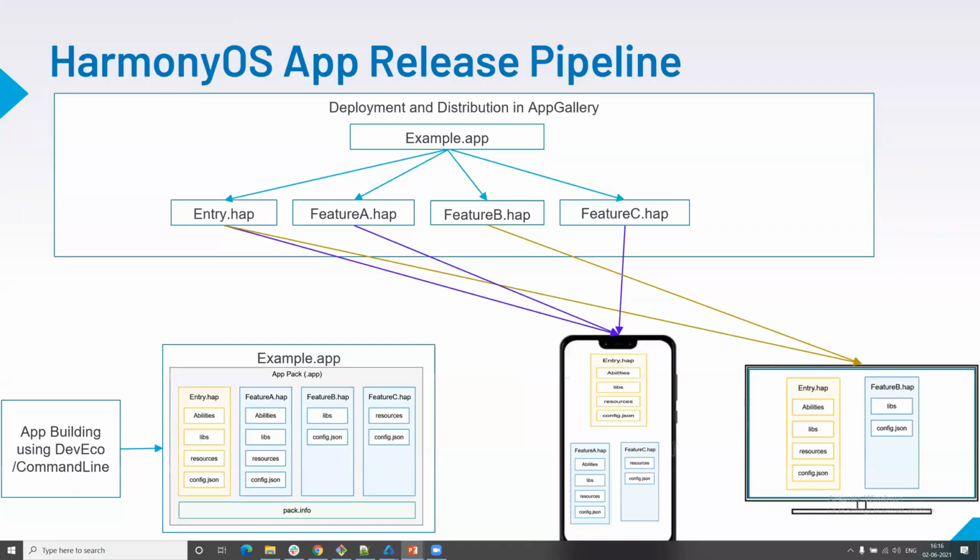So here we were seeing more about how the pack is configured, how the different HAPs can be there within a single app, and how it is distributed, and when it is deployed from the app store, based on the need, the corresponding HAP gets downloaded. It also depends on the type of capability the device is having.